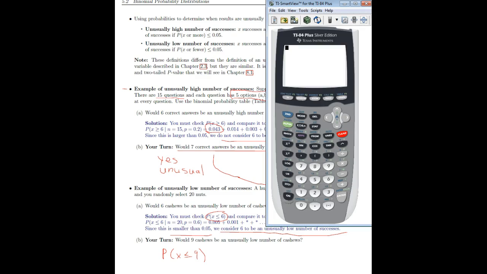So I'll go to binom CDF. Again, 20 trials, probability of success is still 60%, and now I'm doing 9 or fewer, so I put that in for my x value. I paste it, and I get a probability of 0.1275. Rounded to 3 decimal places, it would be 0.128.